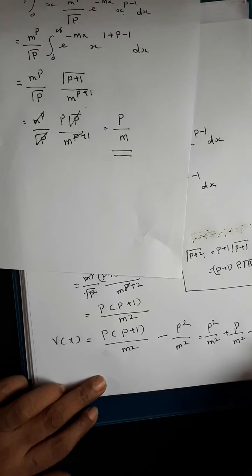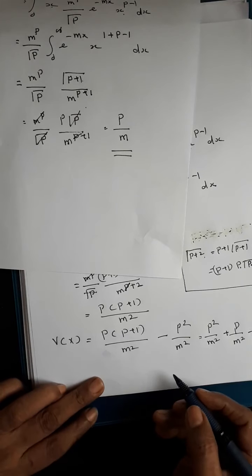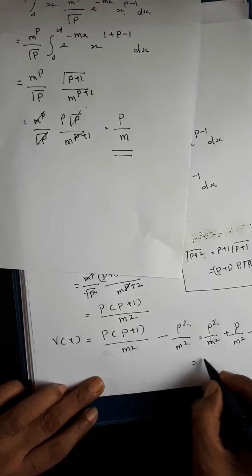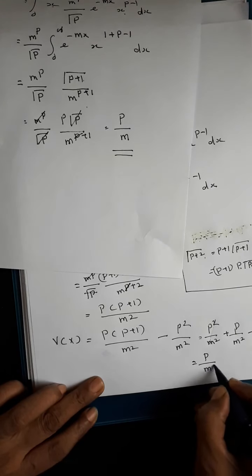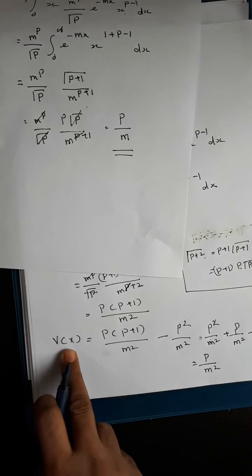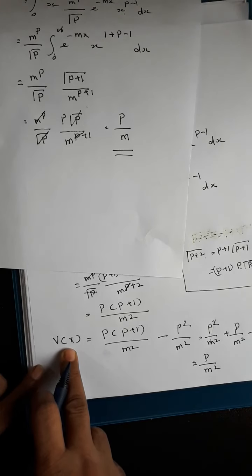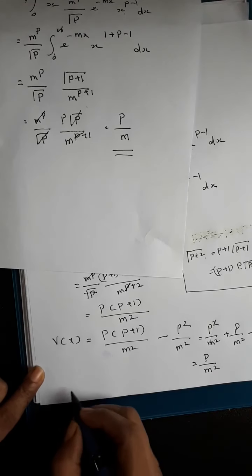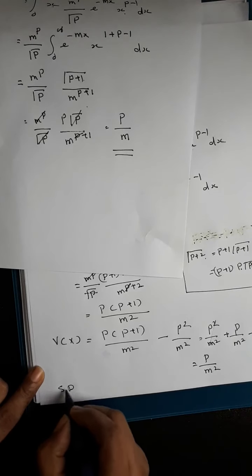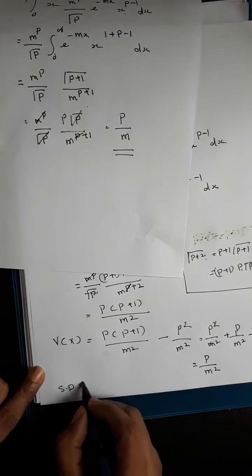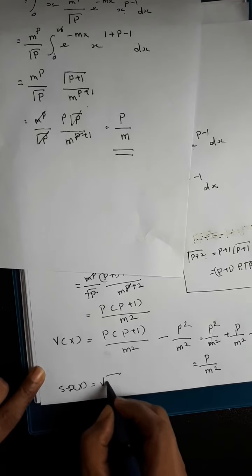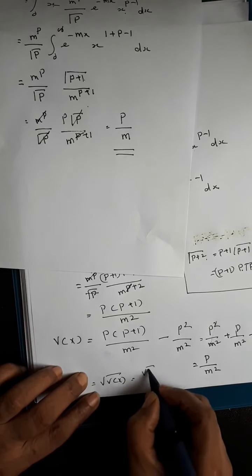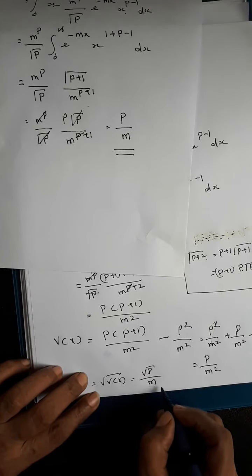P square by m square get cancelled. So we get p by m square. So the variance of a gamma random variable is p by m square. The standard deviation of x is the root of variance of x, that is root p by m.